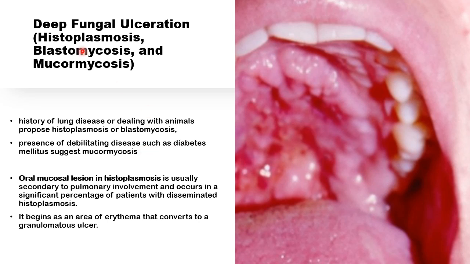In histoplasmosis, there is usually an area of erythema that converts into a granulomatous ulcer, an ulcer with evidence of granulation tissue around it, a warty-like type of ulcer. This is usually associated with pulmonary involvement and can also occur in the disseminated form of histoplasmosis.